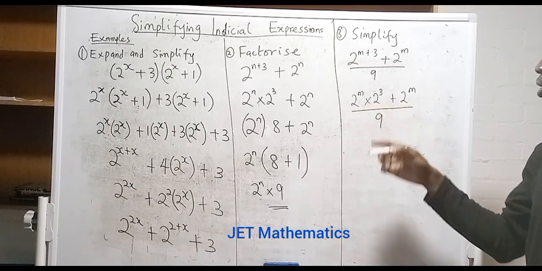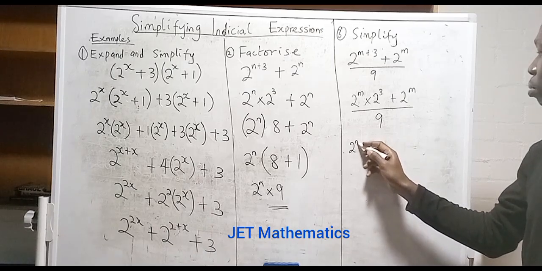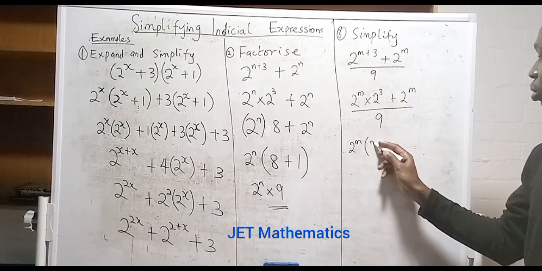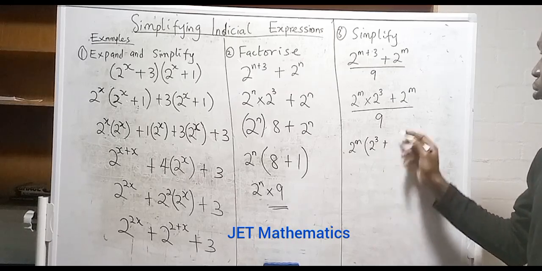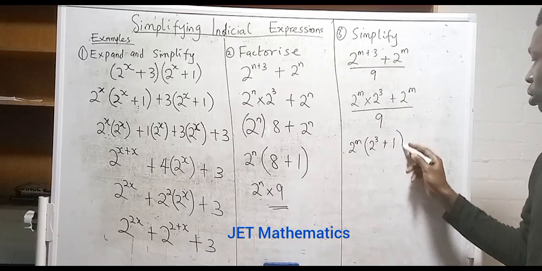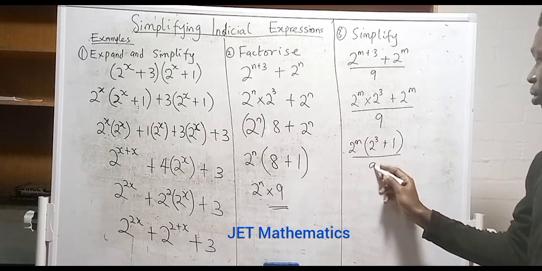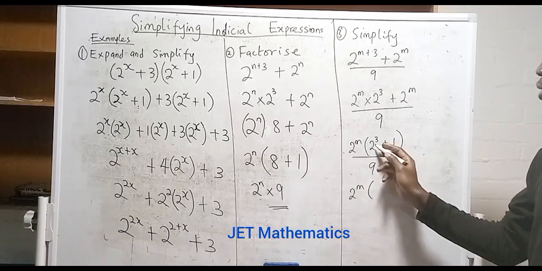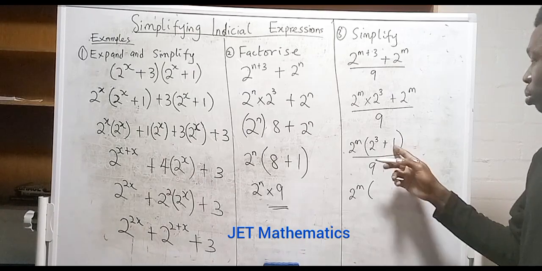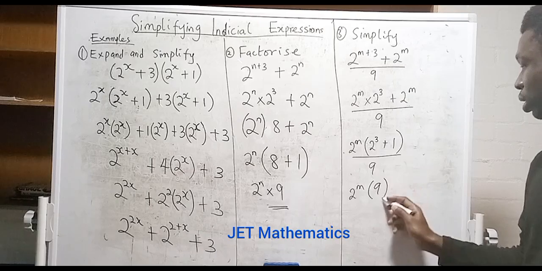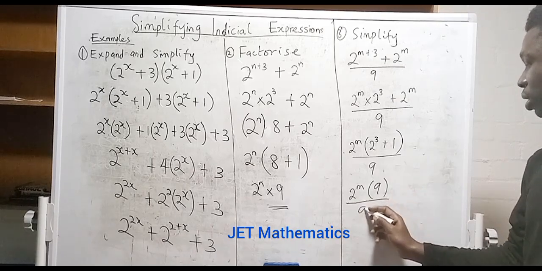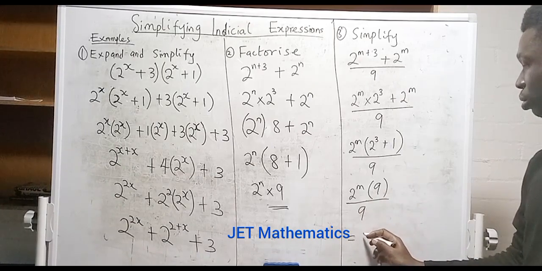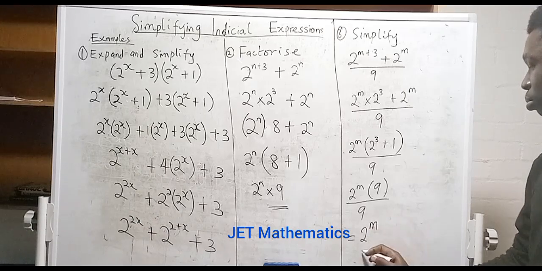So here we factorize, we have 2^m, and here we're left with 2 raised to the power 3, which is 8, plus here we're left with 1, all over 9. So this 2 raised to the power m bracket, 2 raised to the power 3 is 8, 8 plus 1 is 9, all over 9. So at the end of the day, this and this goes off, and the final answer becomes 2 raised to the power of m.